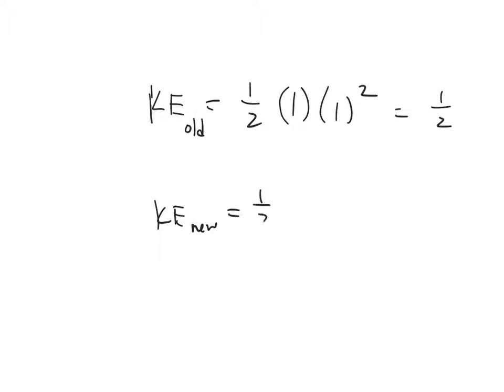The new kinetic energy has double the mass and triple the velocity. Goes up by? Not 4. It's trickier than that. What's 1/2 times 2 is just 1, times 3 squared gives me 9, right?